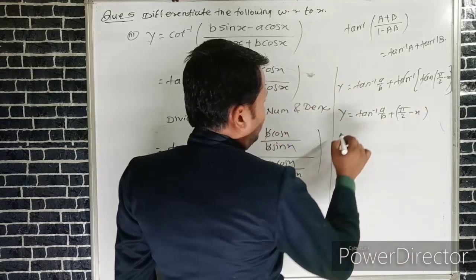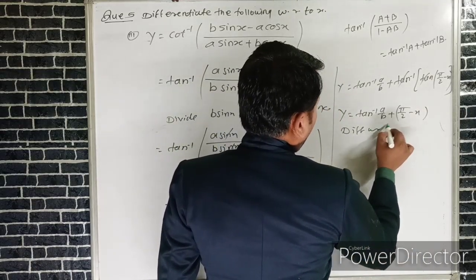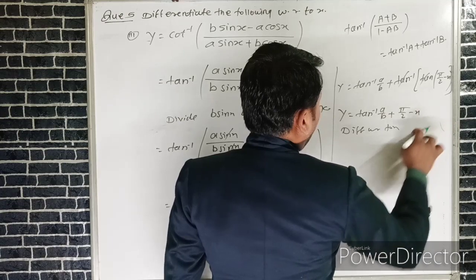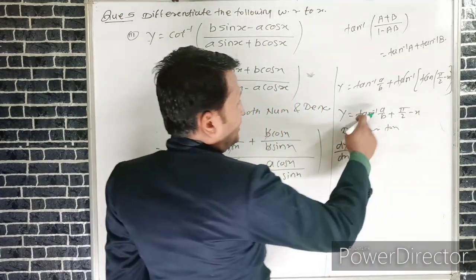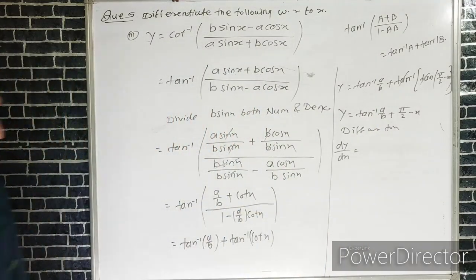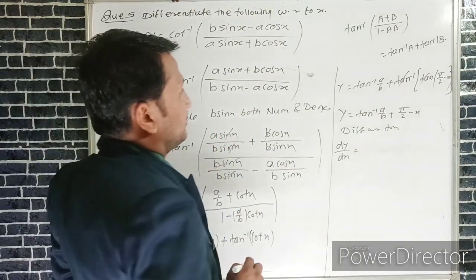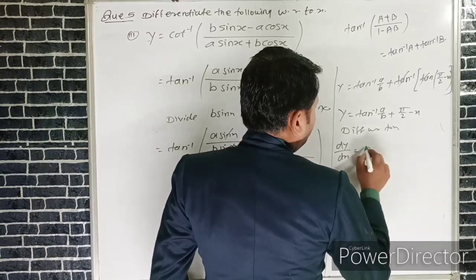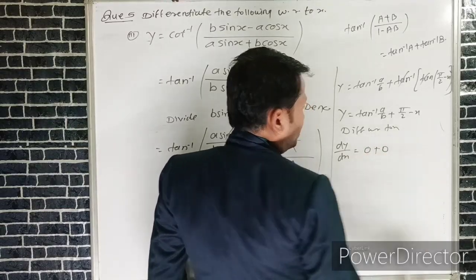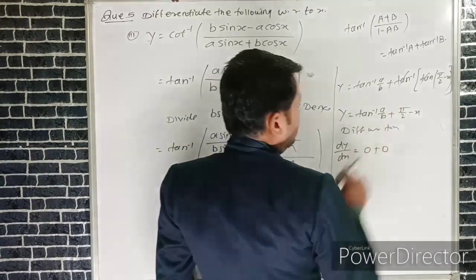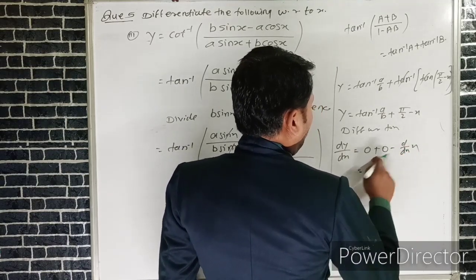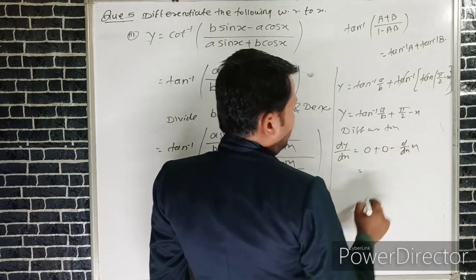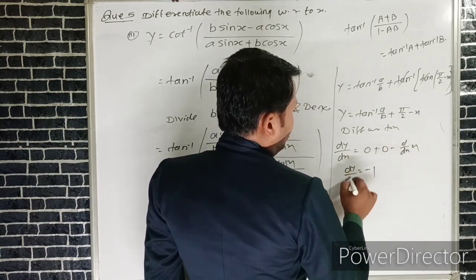Now if we differentiate the given function with respect to x, then the derivative of y is dy by dx. The derivative of tan inverse of a upon b, which is a constant, is 0, pi by 2 is again a constant, so its derivative is again 0, and the derivative of x is 1. So 0 plus 0 is 0, minus the derivative of x, which is 1. Hence the derivative of y, dy upon dx, is minus 1.